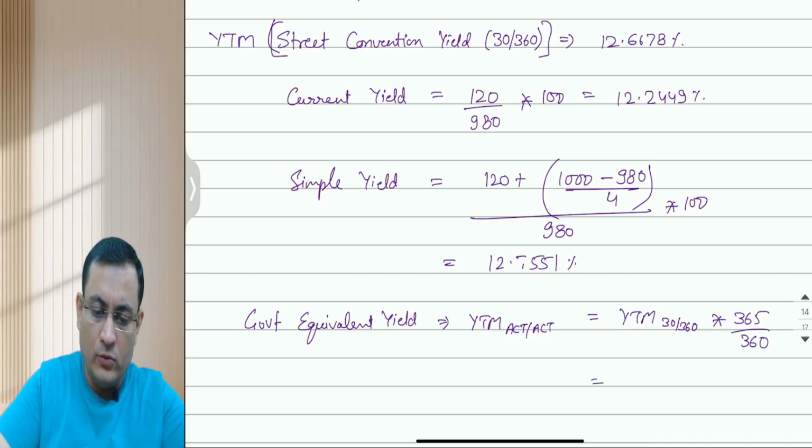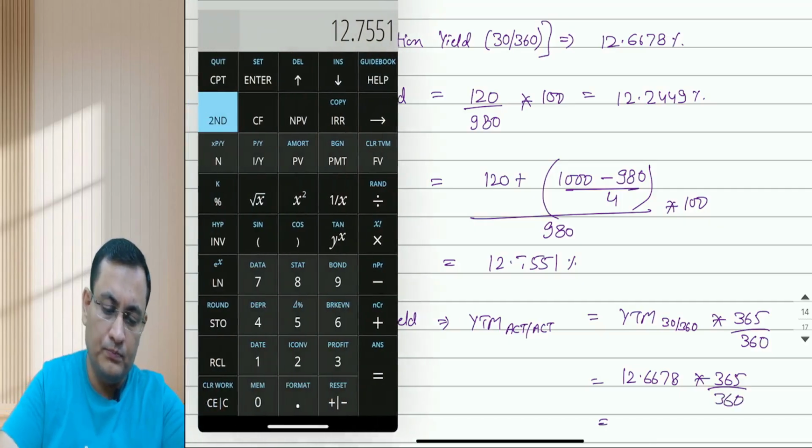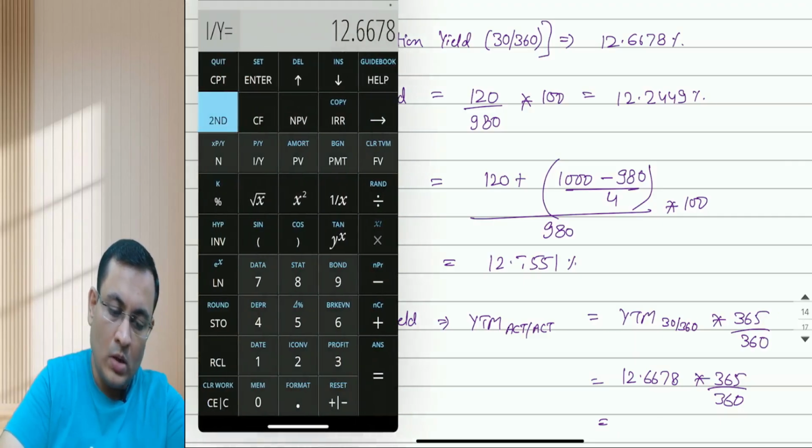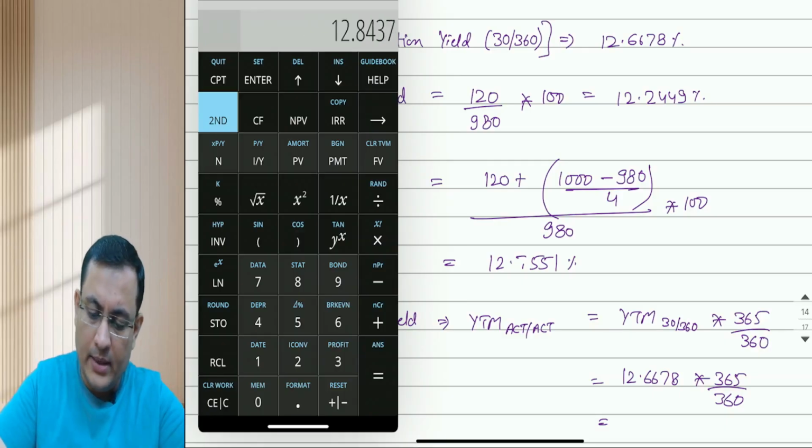That will give you 12.6678 multiplied by 365 over 360, very small difference will be there, 12.8437%.